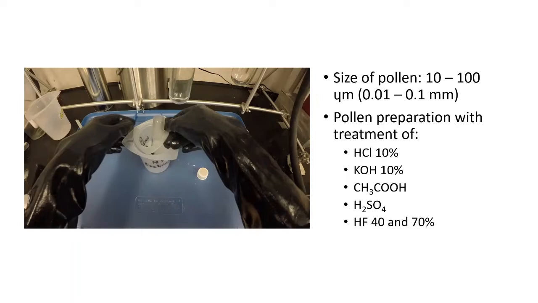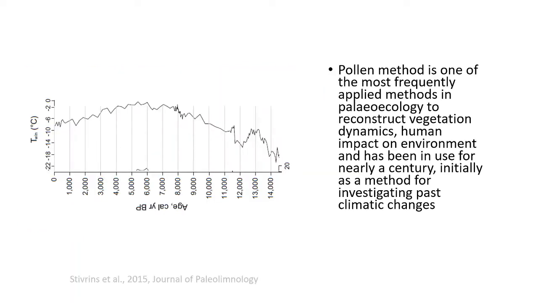Hence, we are really careful when treatment with HF is necessary. And there are even labs in the world which do not allow the use of HF due to the high risk of danger. Well, nevertheless, pollen is so strong it survives all of these steps, and that is something remarkable.